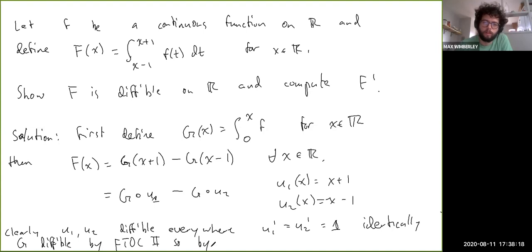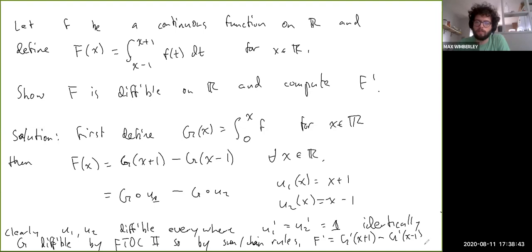So by the sum and chain rules, F prime is like G prime of x plus 1, times the derivative of u1, but that's just 1, minus G prime of x minus 1. Again, the derivative of x minus 1 is just 1.